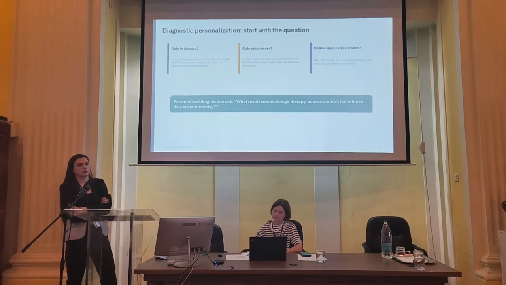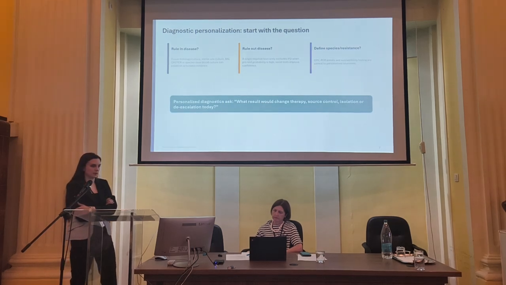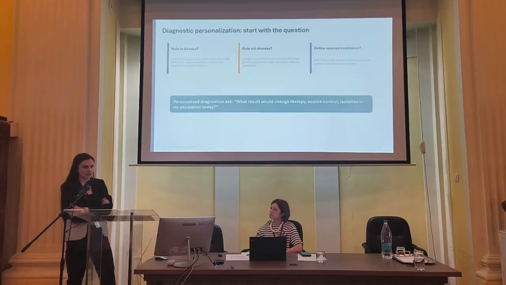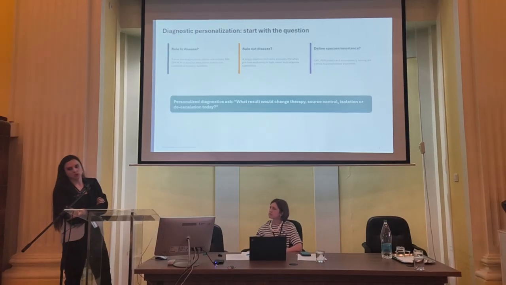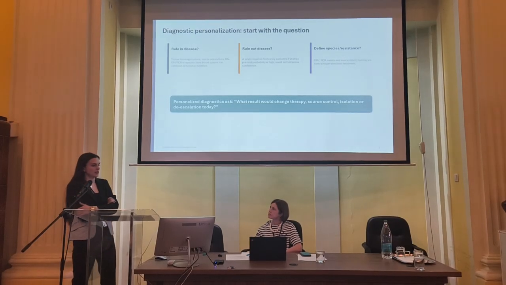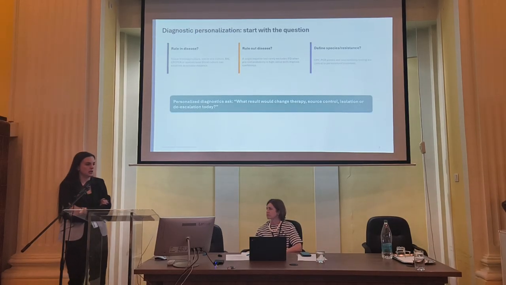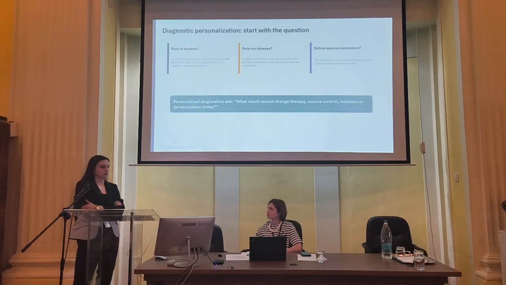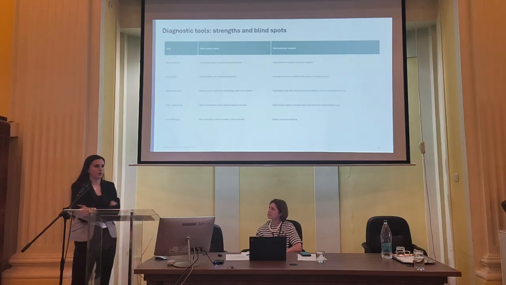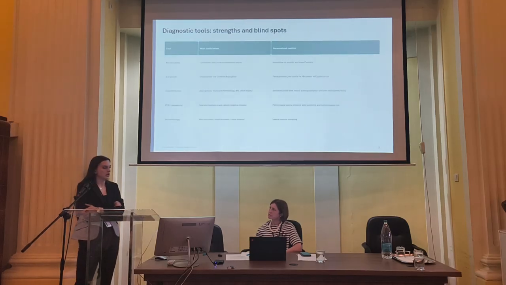If we want to de-escalate the therapy and rule out the disease, then we need to make sure whether a single negative test really excludes invasive fungal disease, or whether we need more than one negative test. We will use more than one negative test to de-escalate the therapy.